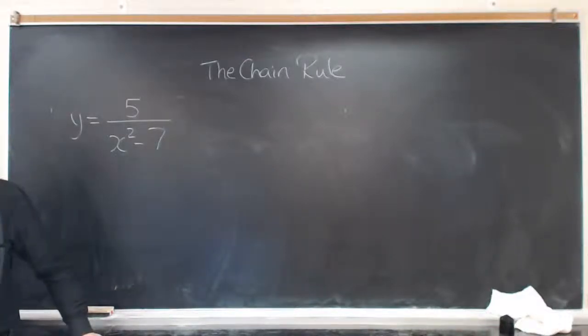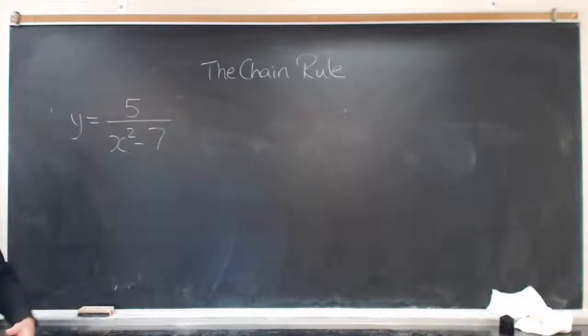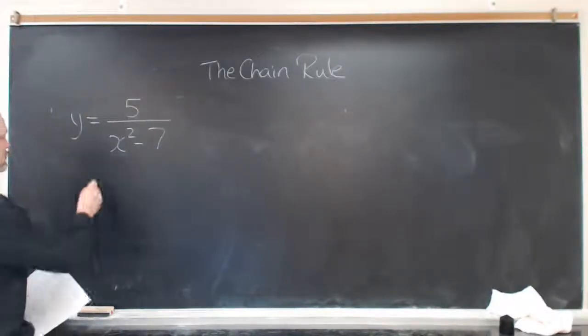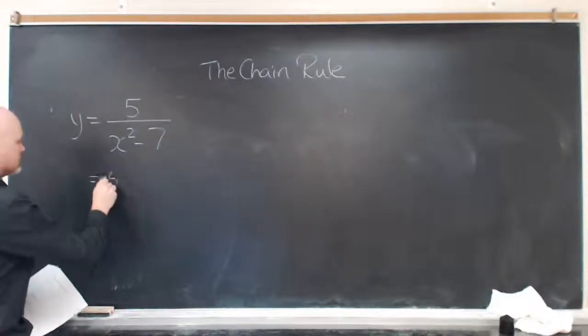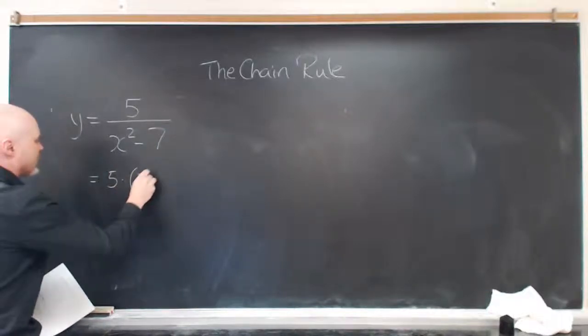All right. So you can use the quotient rule here, but instead what we're going to do is use the chain rule. And we're going to turn this into something that's got exponents instead. So this is actually x squared minus 7 to the exponent negative 1 times 5. Exactly.